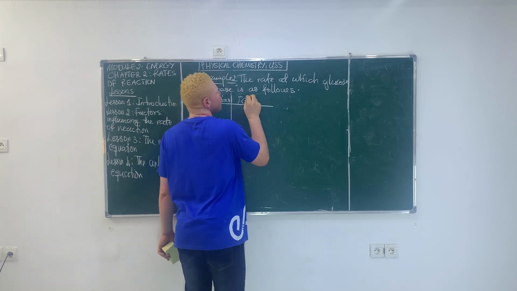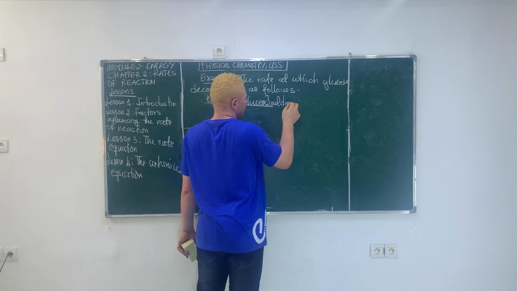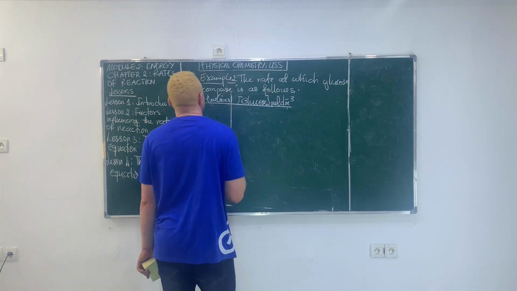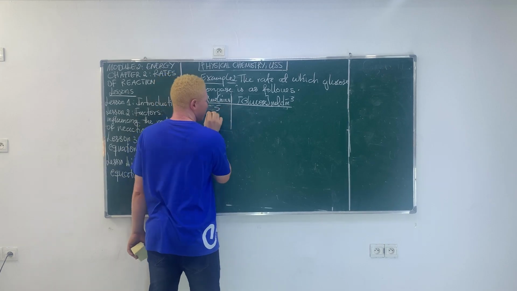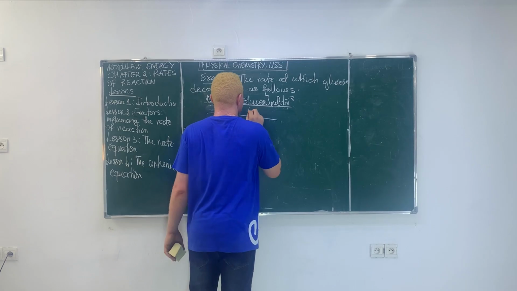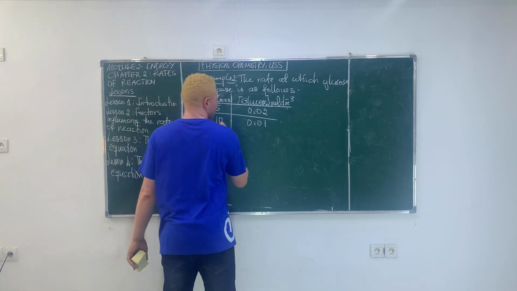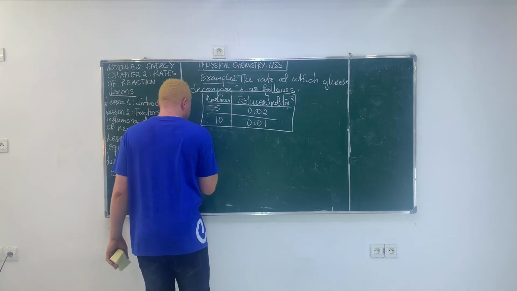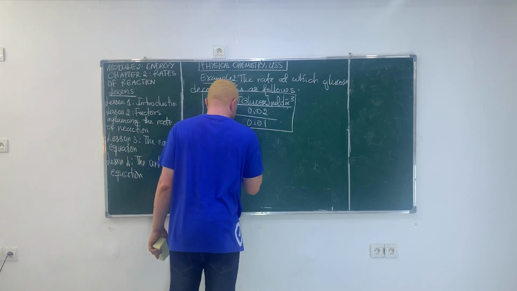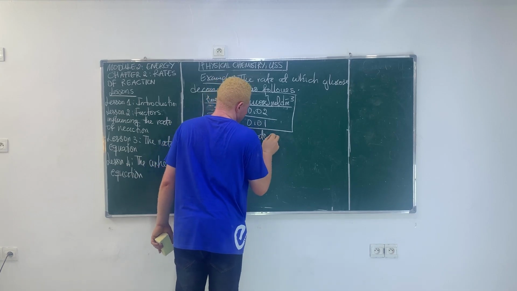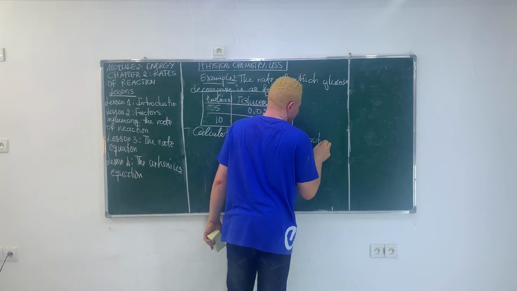Concentration of glucose is mole per delta. C'est ça. Mole per delta. Puis on va par séquence. Hence, 0.02, 0.01. Calculate. Calculate. Unit of the calculate units as well.